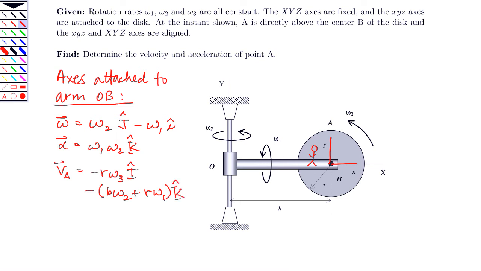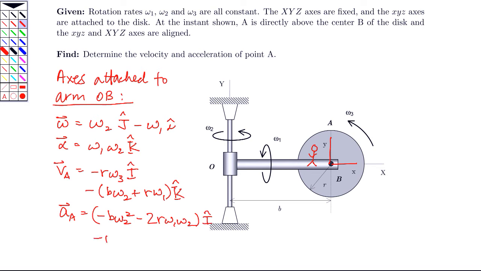And then if we want to write the acceleration at point A, we're going to get a bit of a longer expression. It looks like this. Minus B omega 2 squared minus 2 R omega 1 omega 2. That's all in the capital I direction.